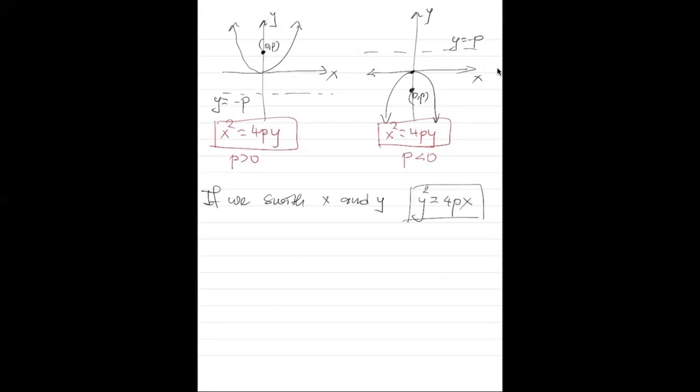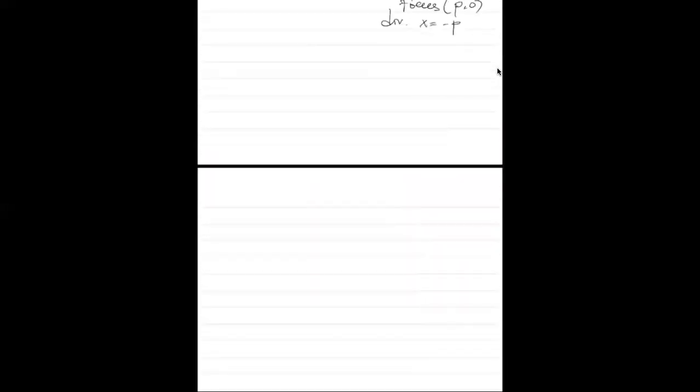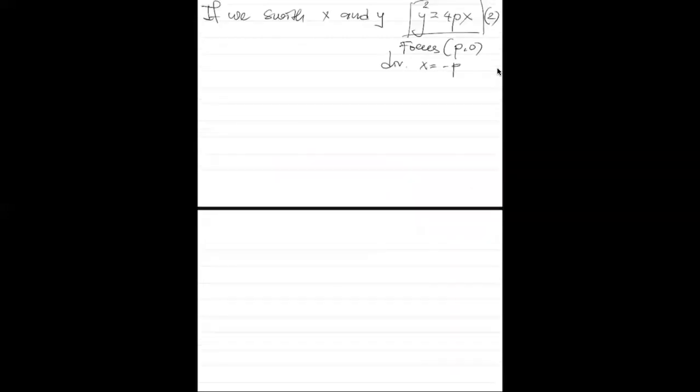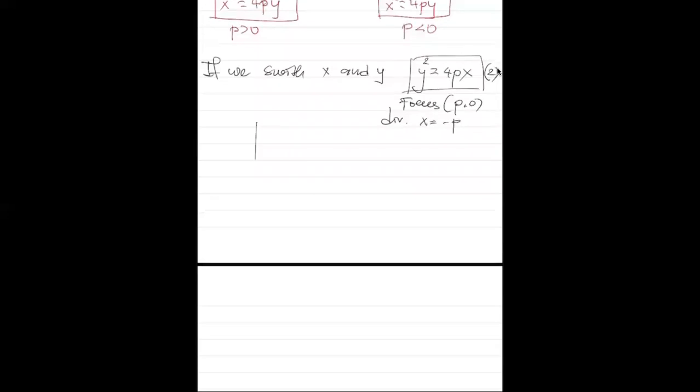Again, that's an equation of a parabola. In this case, the focus would be (p, 0), and the directrix will have equation x equals negative p. So let's look at the case where again the vertex is at the origin.